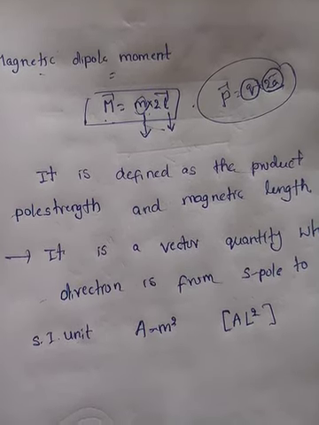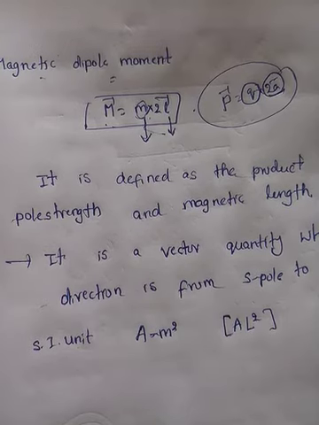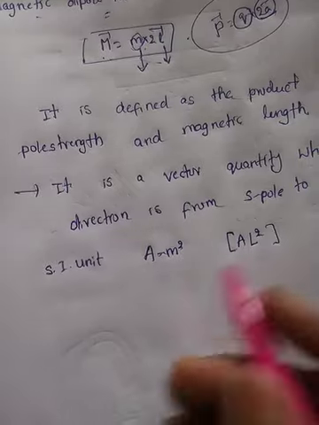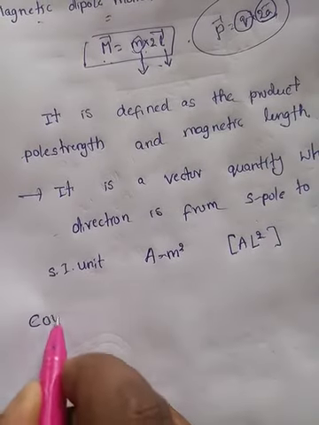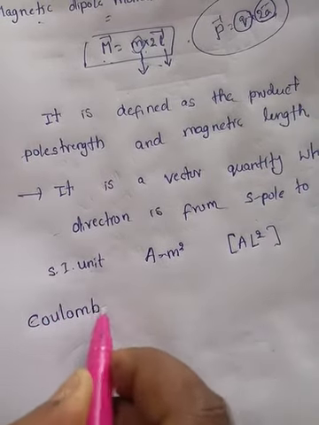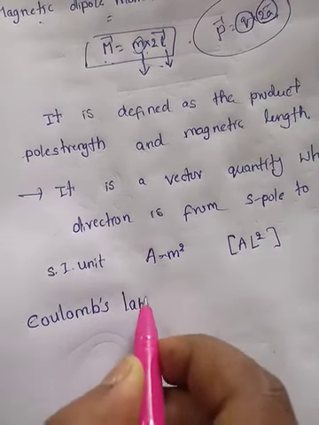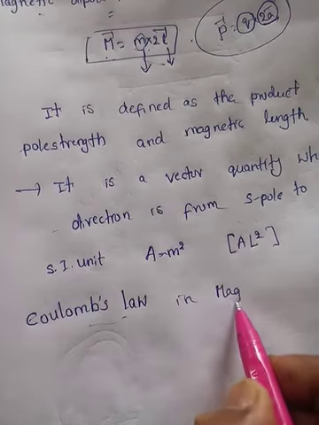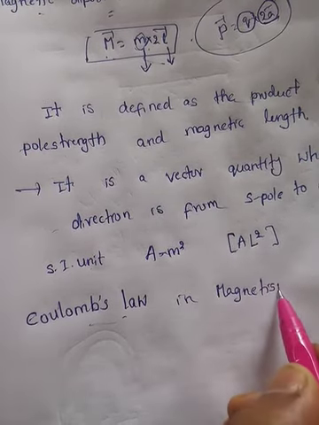So we can say the same concept of Coulomb's law in magnetism, that is force between two poles, like force between two charges, right? What is Coulomb's law in magnetism?